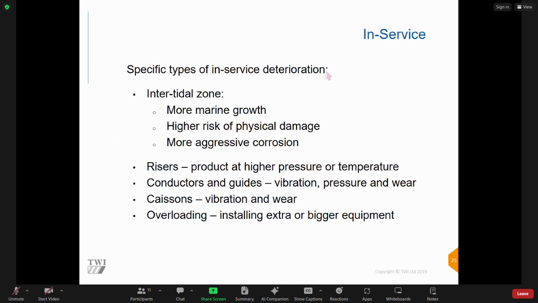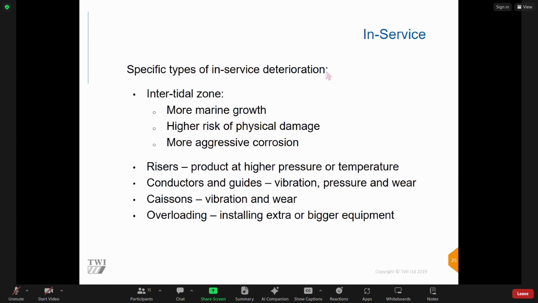Risers. So these carry products, high pressure, temperature. Conductors, conductor guide frames, again subject to pressure and wear. And then caissons, again subject to vibration and wear. And then of course there's always the risk of overloading the structures by installing extra, bigger, heavier equipment. Okay.